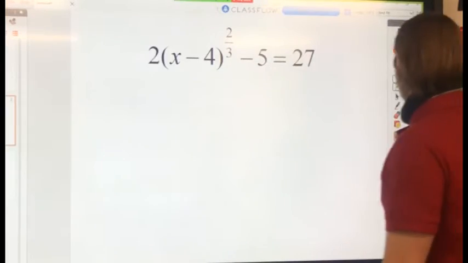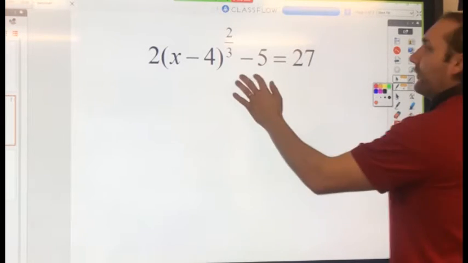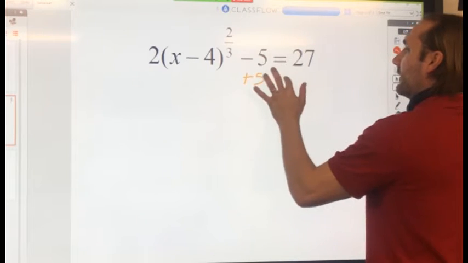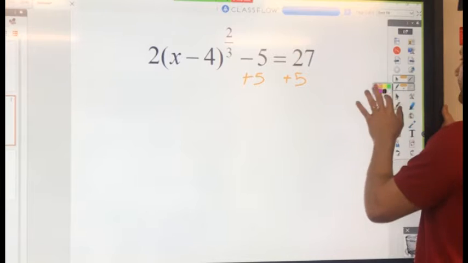So for this problem, I need to isolate my rational exponent by doing what first? Very good. I'm going to move this 5 over, so plus 5 on both sides.